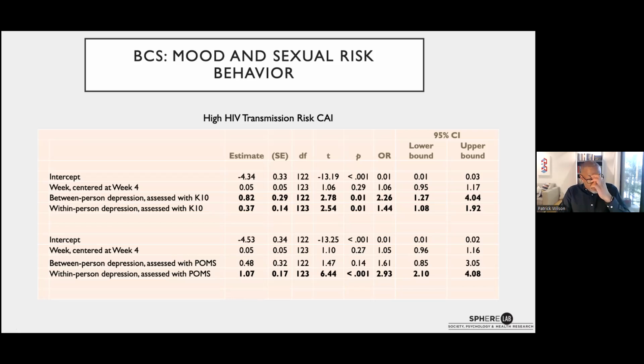And this is an outcome we labeled high HIV transmission risk, because unlike in Project Logon, we were able to not just look at whether condomless anal intercourse took place, but was there condomless anal intercourse with an HIV unknown or negative status partner for a target who was HIV positive, and vice versa.